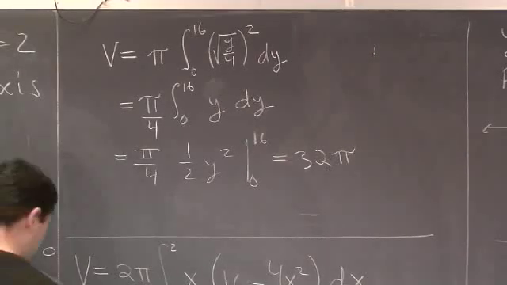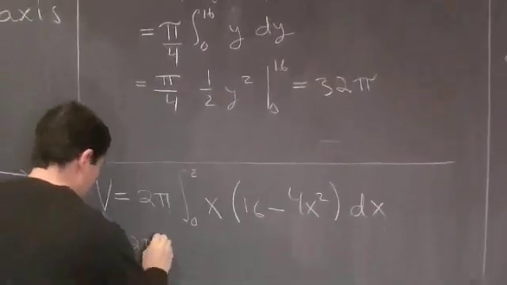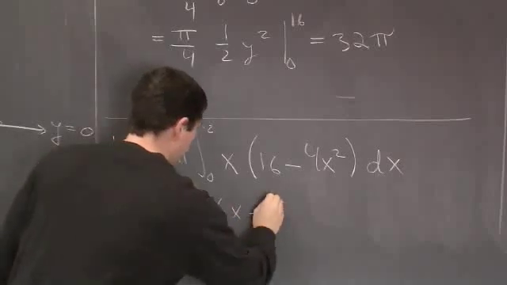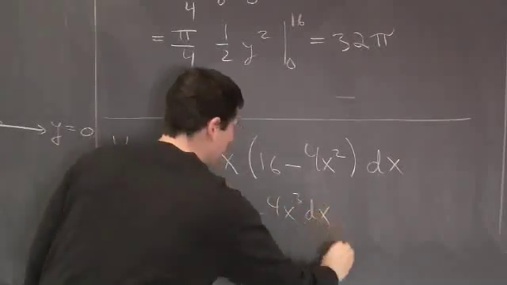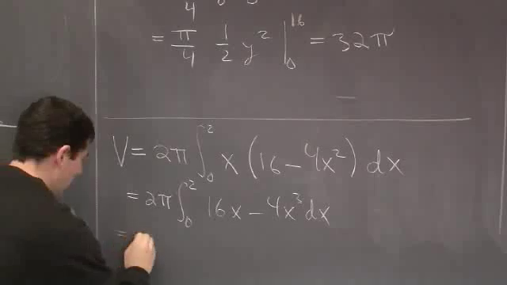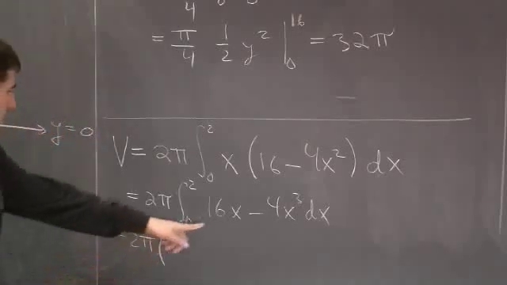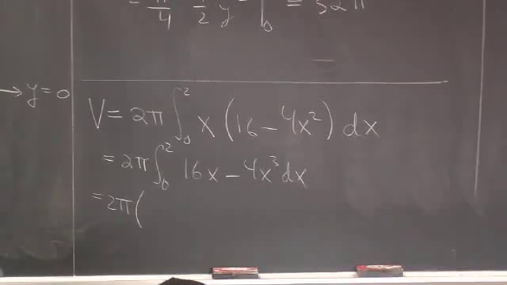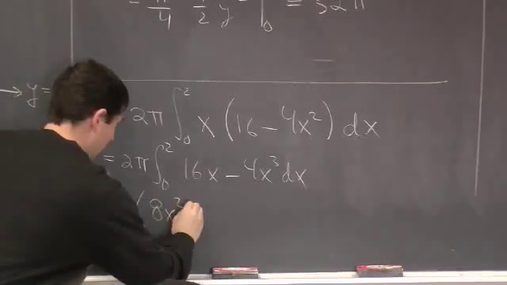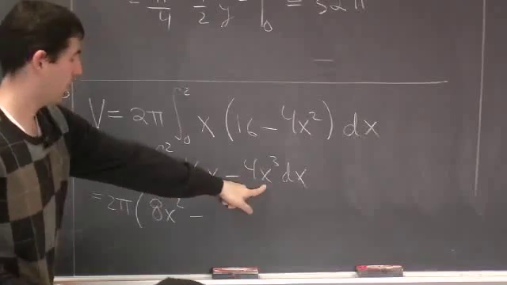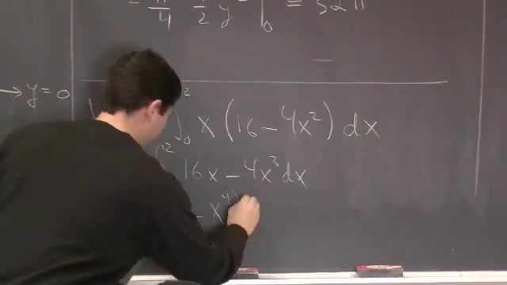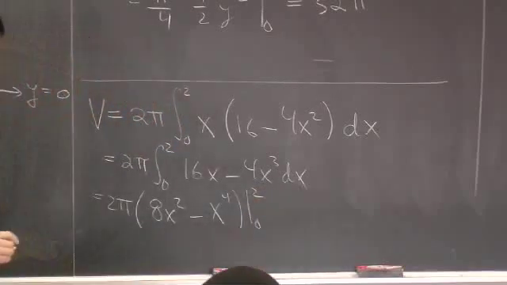And if we try to evaluate the other one, you get 16x minus 4x cubed. All right, so the integral of 16x is 8x squared. And the integral of 4x cubed is x to the 4th. We have to evaluate at 0 and 2.